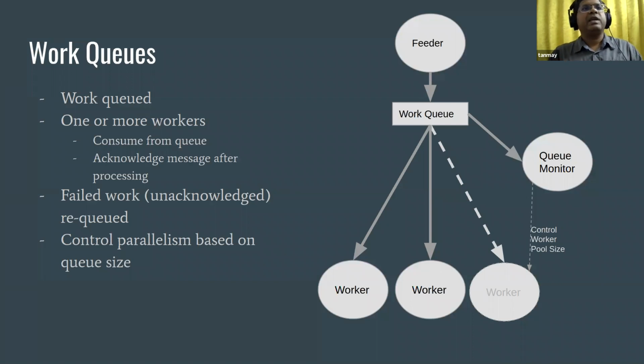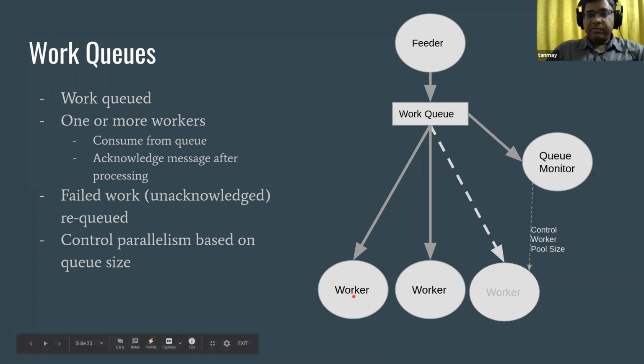Then we can have a work queue. In a work queue, one or more feeder processes push out messages into a single queue, which is a work queue. Then one or more worker processes consume messages from this work queue, process them, and do whatever they have to do with those messages.